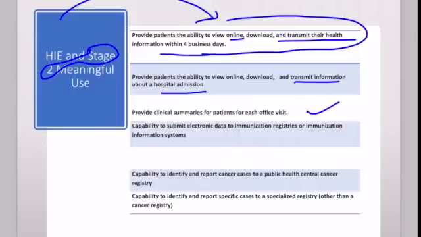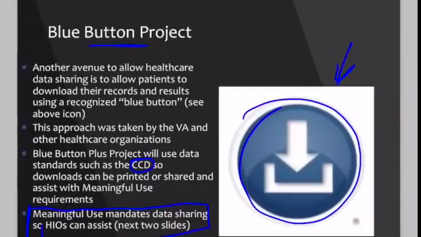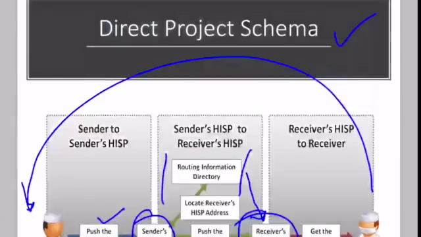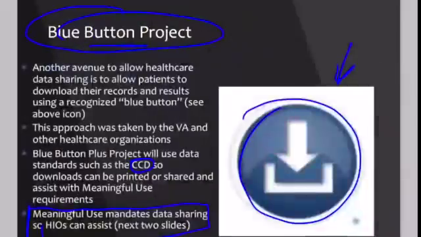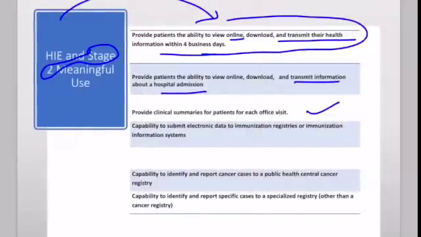You see here, this Blue Button project is designed for the patient, whereas the Direct project was designed for exchanging information among different parties such as paramedics. Then the capability to identify and report cancer cases to public health cancer registries; these are a few examples.